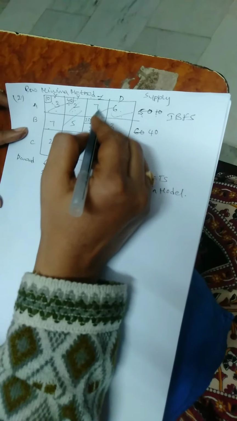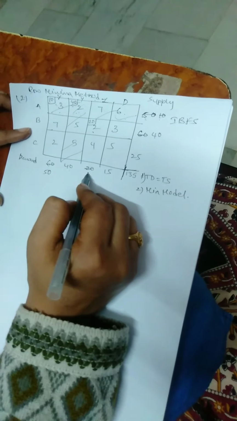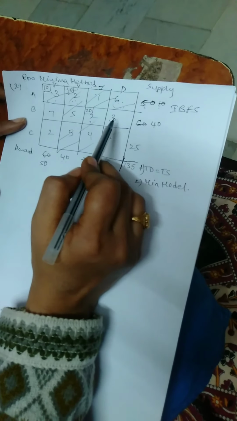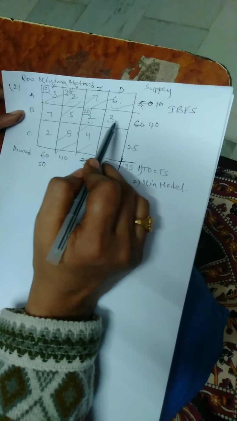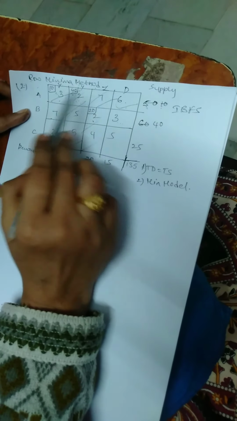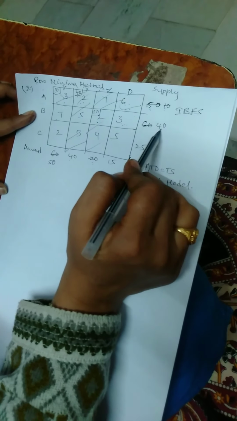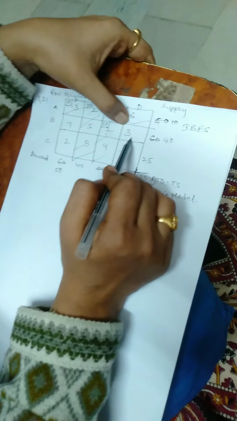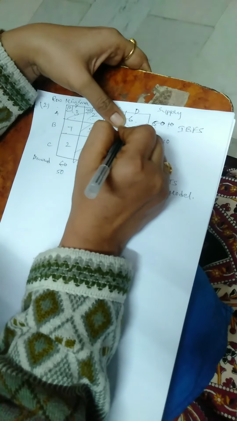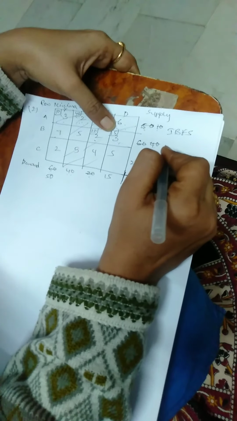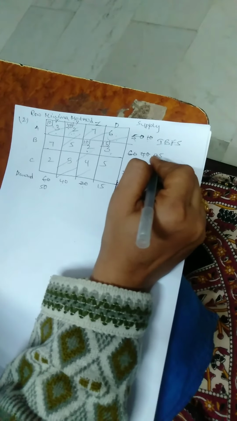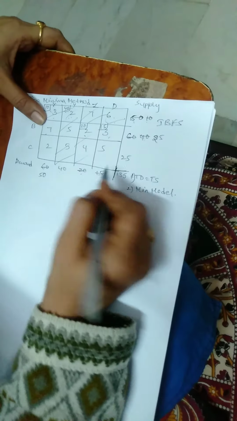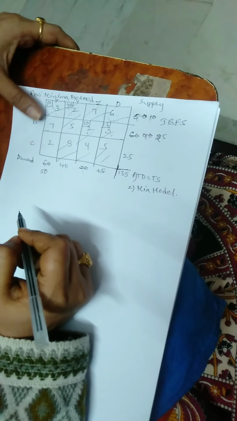Because for the second destination we have supplied all the required units, strike off this column. As the name suggests, it is the row minimum method, so consider each row. In the second row we still have to supply 40 more units, and the minimum is 3. Here it is 40 and it is 15, so allocate 15, and here 25 remains, and 15 is left, so strike off this column.